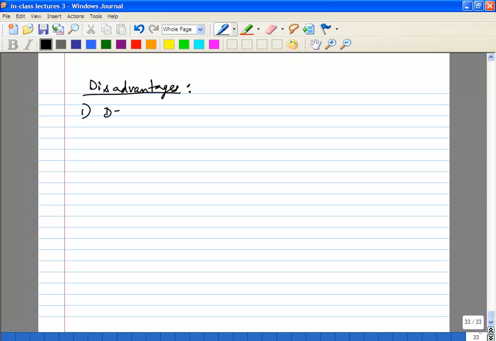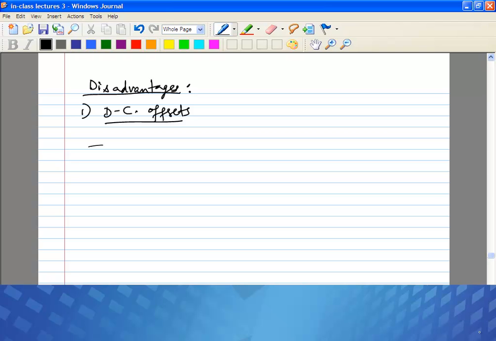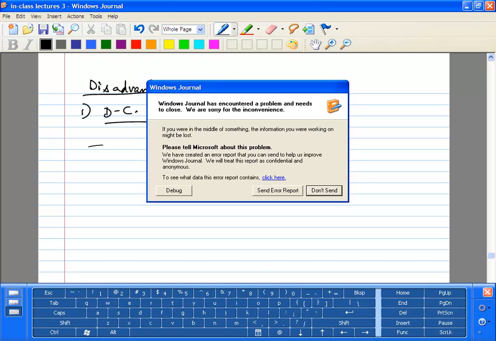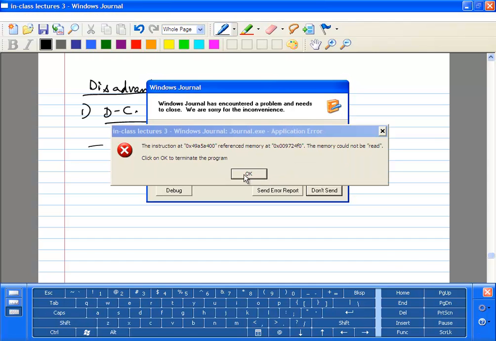The number one problem, DC offsets. If you have any DC offset in your baseband, that is going to add directly with your signal.